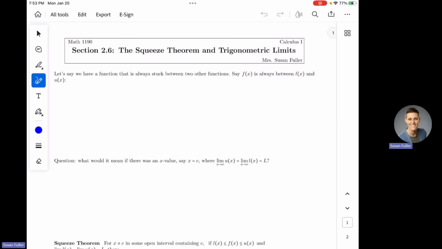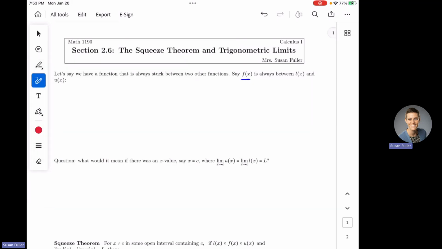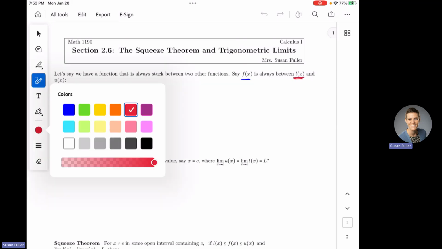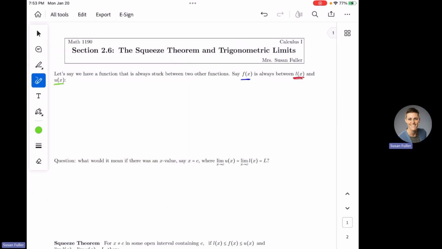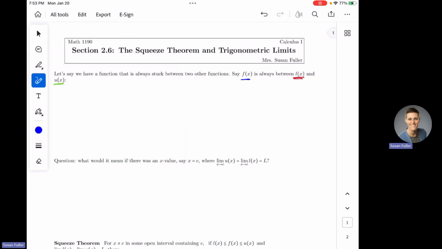So let's say our function, f of x, is always stuck between these two other functions. I'm going to call L of x, this is my lower function, and I'm going to call u of x, this is my upper function.